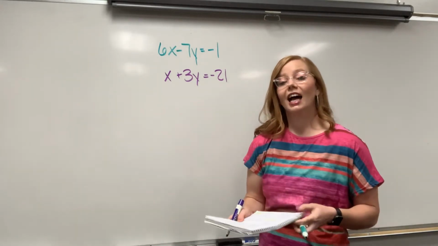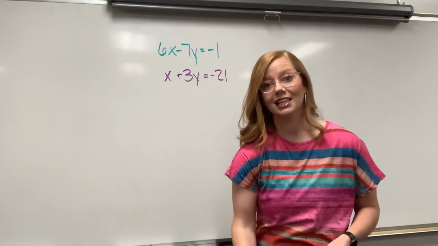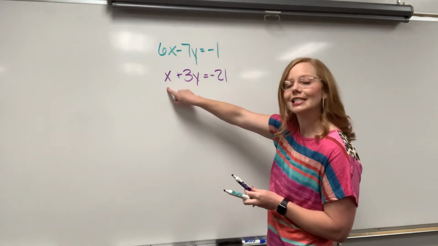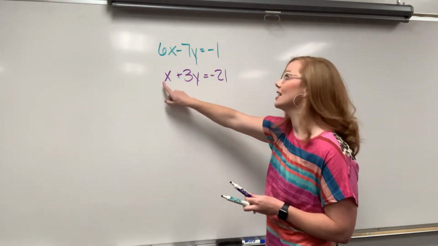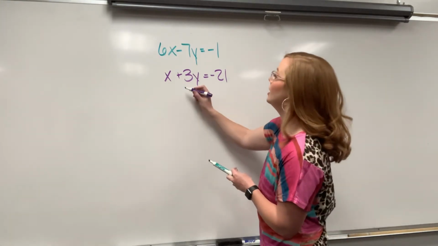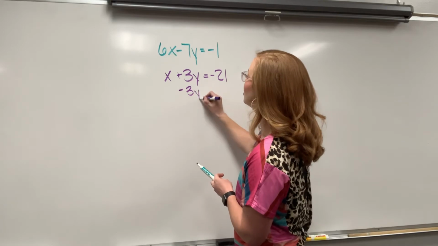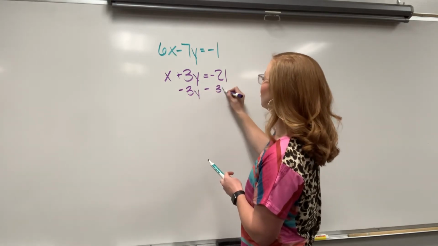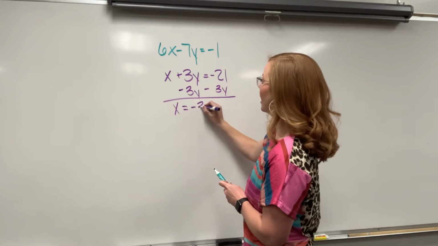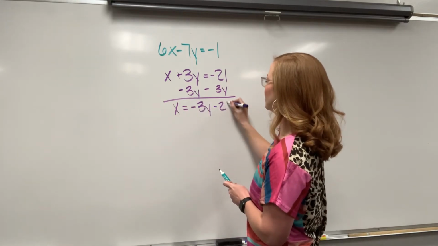You can see here that I don't have a variable that is isolated. However, it looks like it would be really easy to isolate this x. It doesn't have a coefficient in front of it. It's already positive. All I have to do is subtract this 3y from both sides. So now I'm left with x equals negative 3y minus 21.